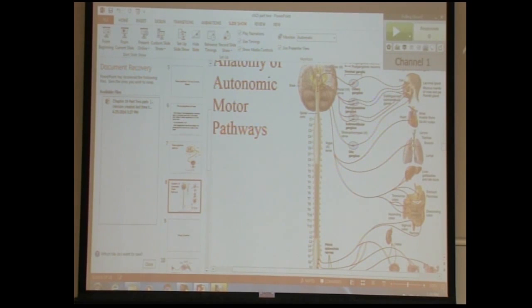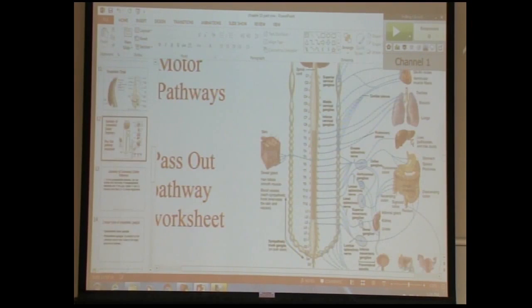And then in sympathetic, it goes to that ganglion first. You can see all those ganglions. Or maybe it only goes to the trunk. So the axons are longer from the parasympathetic.